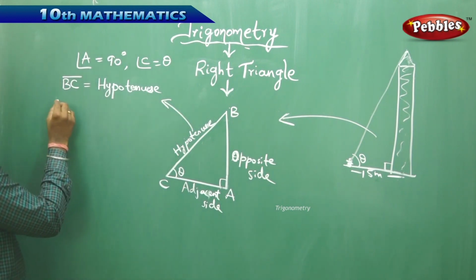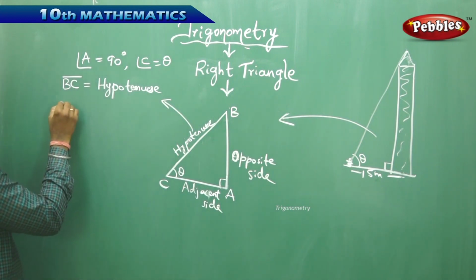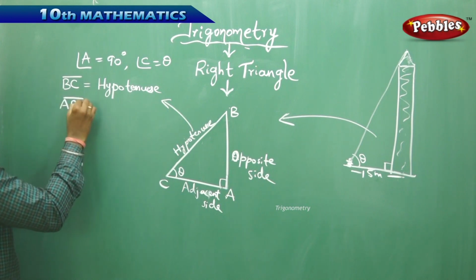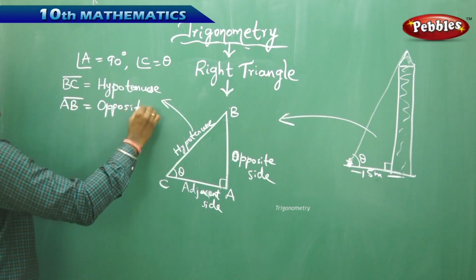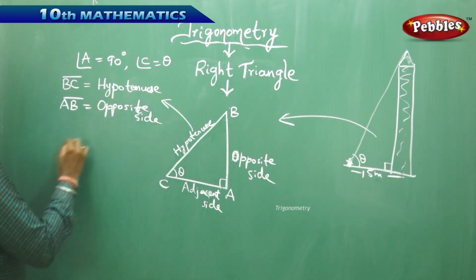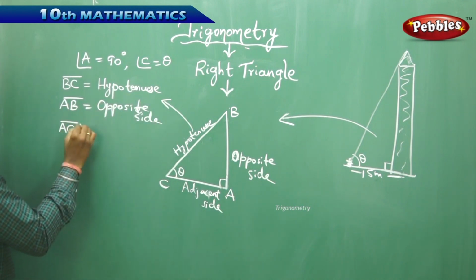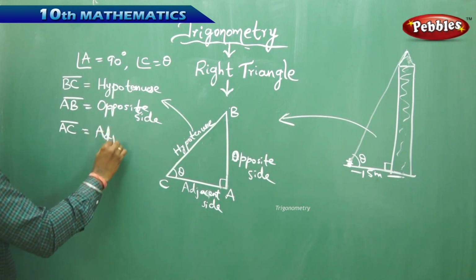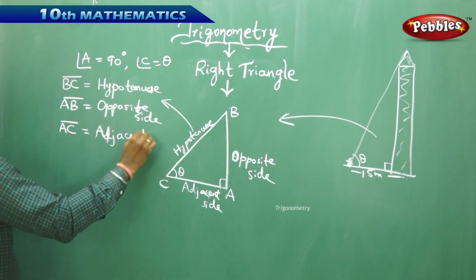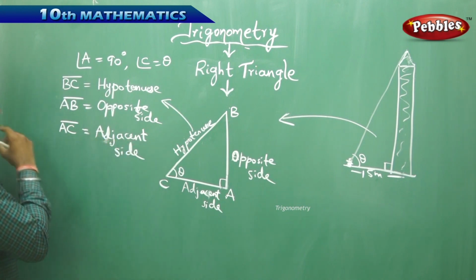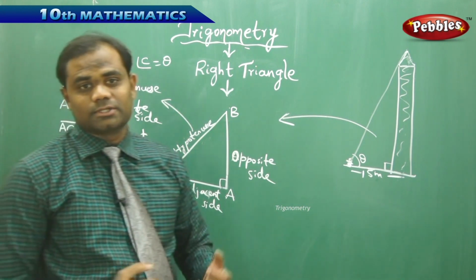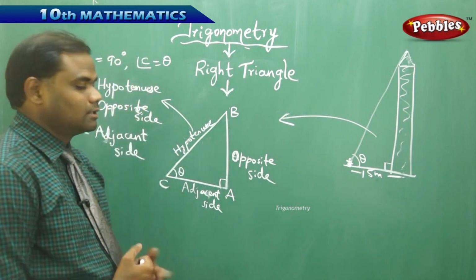So BC is hypotenuse, AB is opposite side, and AC is adjacent side. This is how we get each of the sides, hypotenuse, opposite and adjacent, with this being the angle.